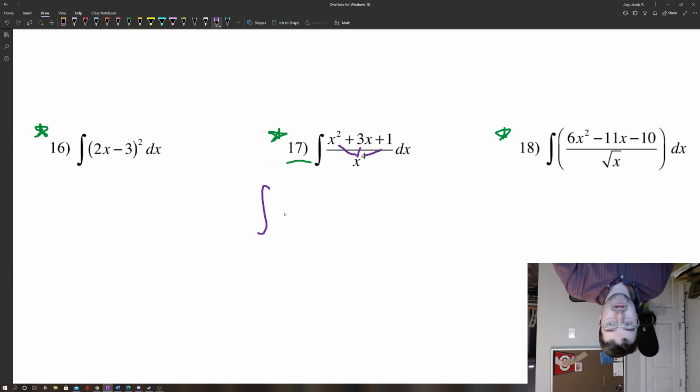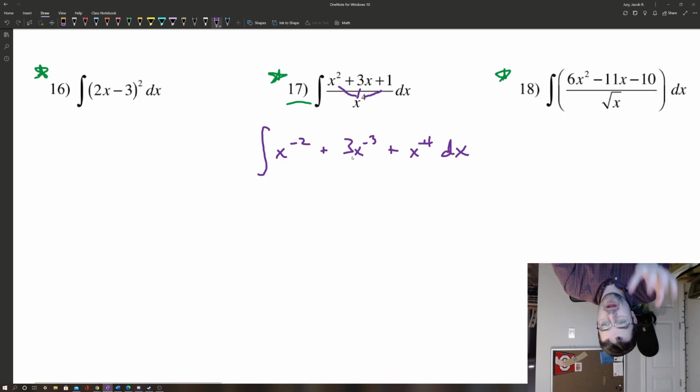So what we're actually integrating is x to the negative 2, because x squared divided by x to the fourth is 1 over x squared, and that's x to the negative 2, plus 3x to the negative 3, and then plus x to the negative 4 dx.